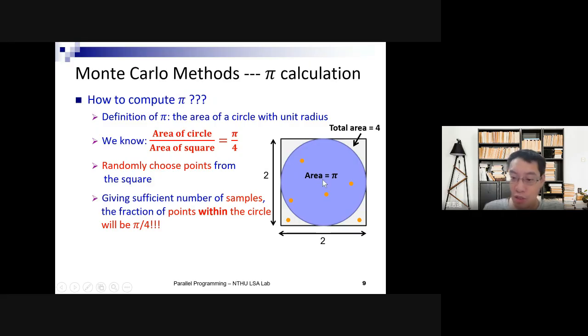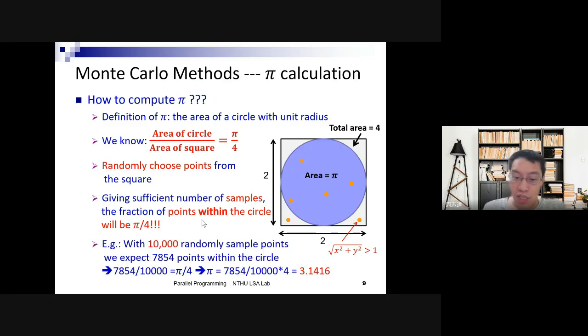If it's smaller than 1, it's within the circle, and if it's larger than 1, it's outside the circle. So by generating a bunch of coordinate points, we can calculate the probability from the sampling results.